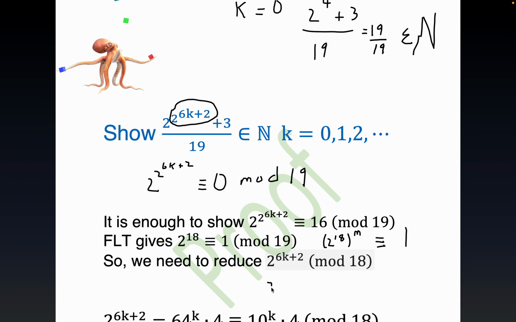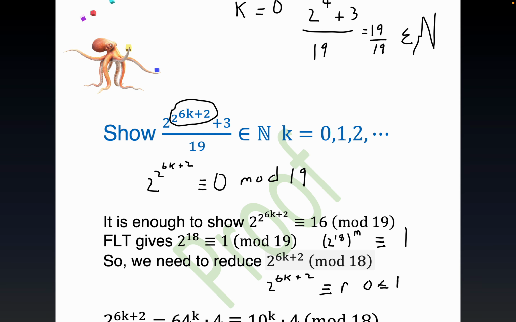Another way of putting this, since reduce perhaps is confusing: we're trying to go 2 to the 6k plus 2 congruent to r. Call it r. I haven't used that letter yet. And r would be a number between 0 and 17 inclusive.